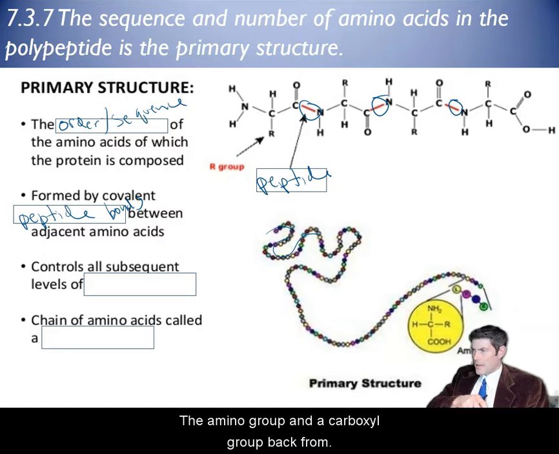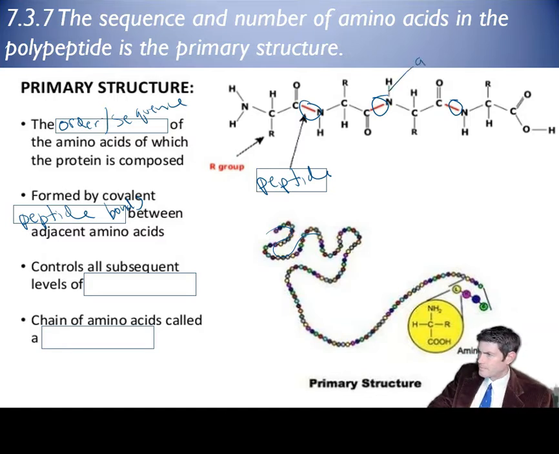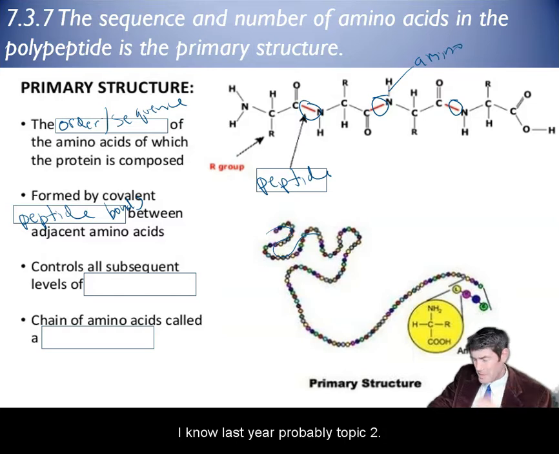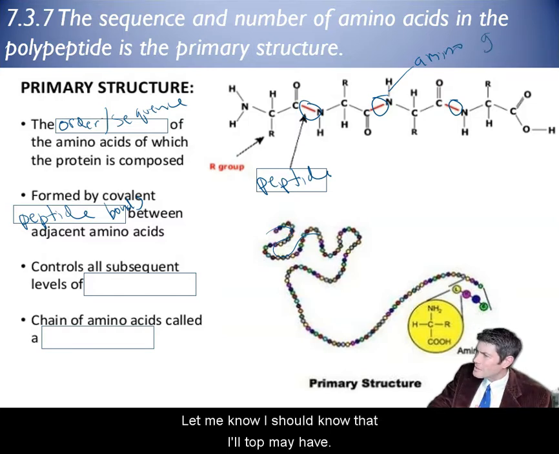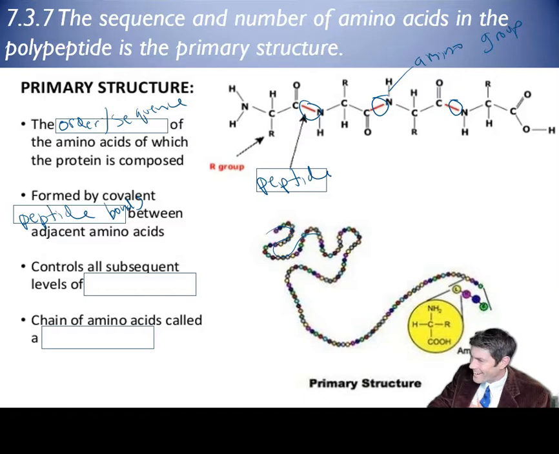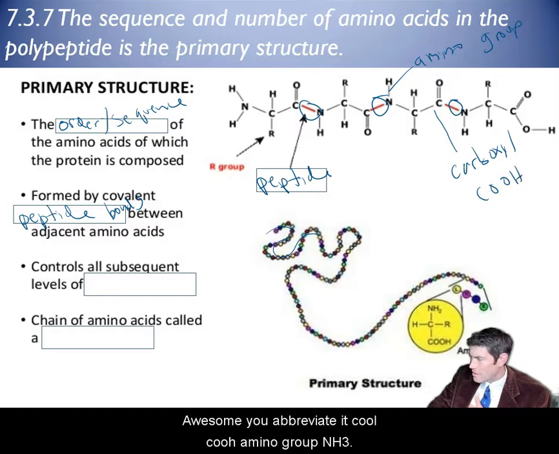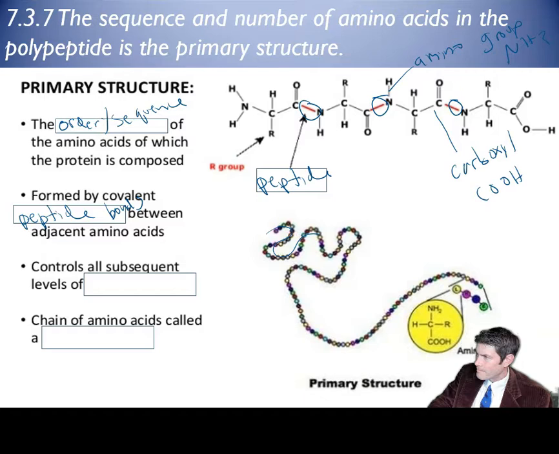amino group and the carboxyl group, back from probably topic 2. Amino, I should know that off the top of my head. And carboxyl. Often we abbreviate it COOH, amino group NH3.